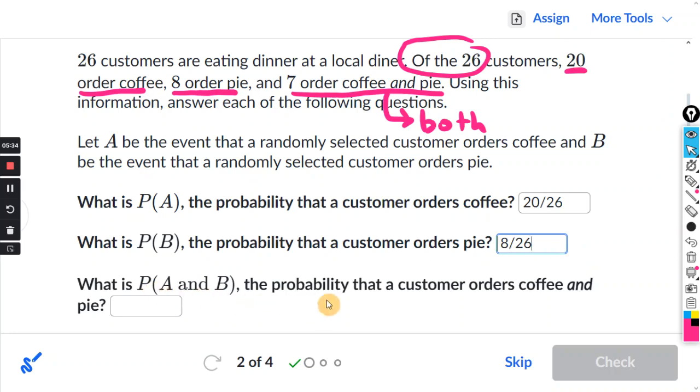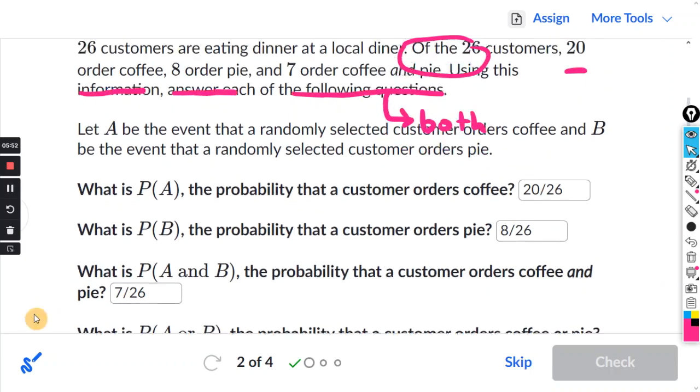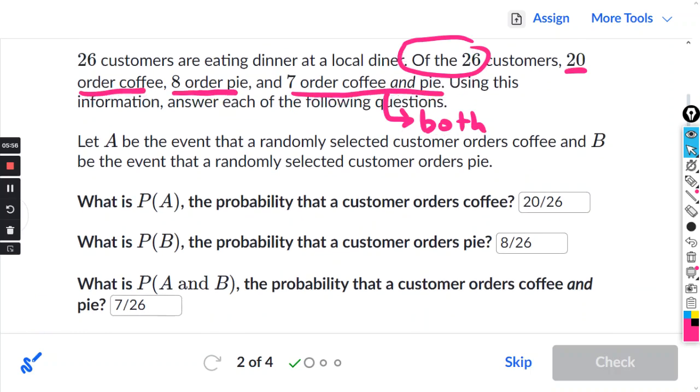What is the probability that a customer orders coffee and pie? In other words, both. How many ordered both? 7 of them. 7 out of 26. Finally, the probability of A or B. So we set our formula in the beginning. I will write it on the bottom.